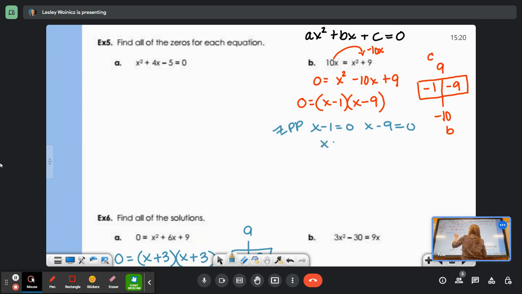You can probably solve these in your head. Did you get 1 and 9? Good. Any questions about that?